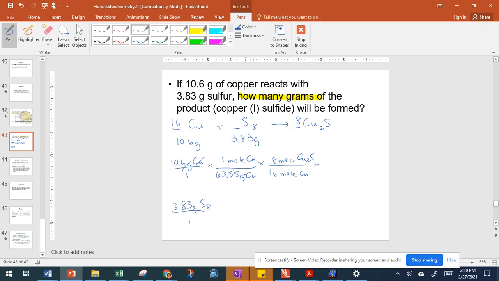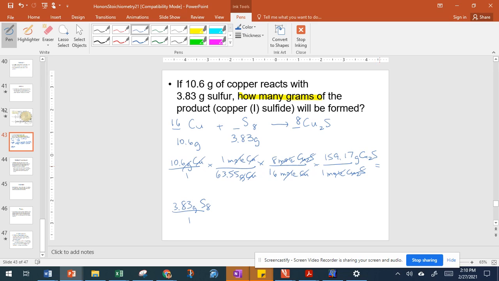Notice here the grams of copper cancel out, the moles of copper cancel out, and we're left with moles of copper 1 sulfide. So we're going to do 1 mole of Cu2S, and the molar mass of that would be 63.55 times 2 plus 32.07, which gives us 159.17 grams of Cu2S.